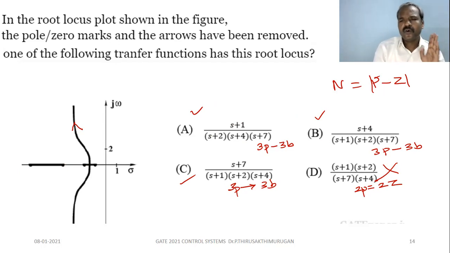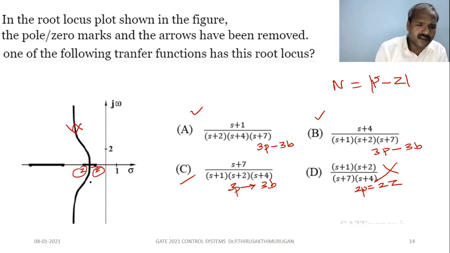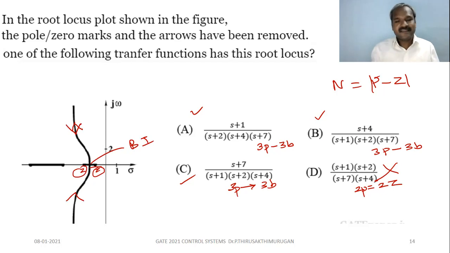If 2 zeros were present, these 2 would be zeros, and the curve should be like this, and this point would become a break-in point. Understand? But 2 zeros are not present, because in that case D fails.